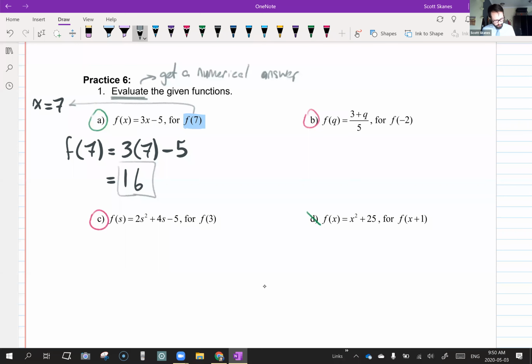And you'll notice that in the original function, anywhere where it used to be x, it's now 7. That's all function notation means. That's all there is to it. Function notation is just a nice way of showing how functions work, where the x is clearly there in the function, and all we need to do is replace it.